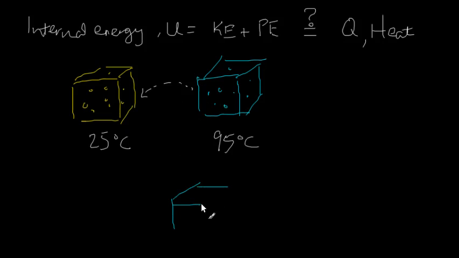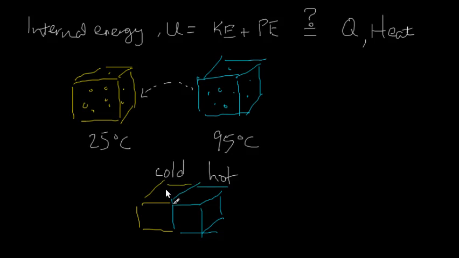So this body here is now touching this other body. This is hot, this is cold. You know what happens when hot meets cold? The cold gets warmer and the hot gets cooler. Heat flows from hot to cold.